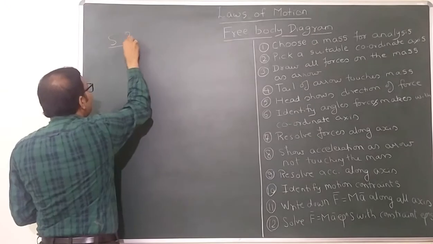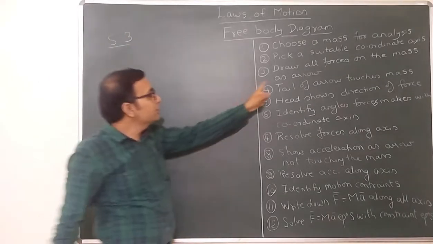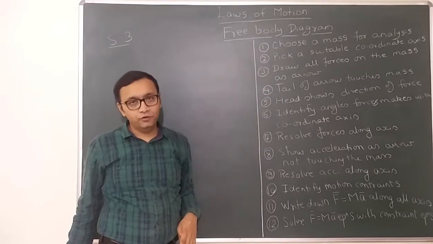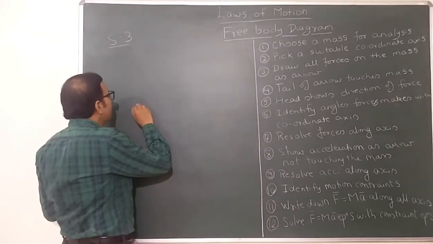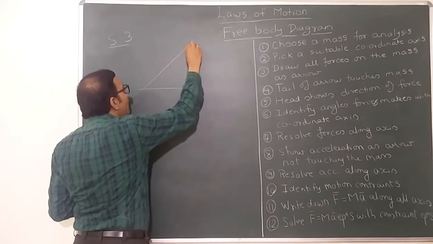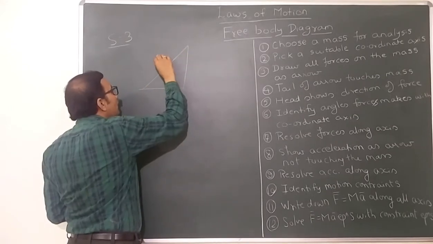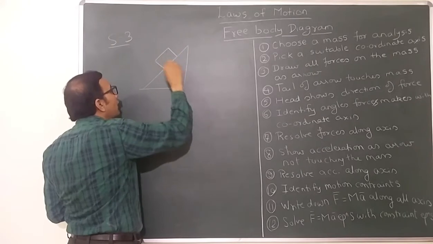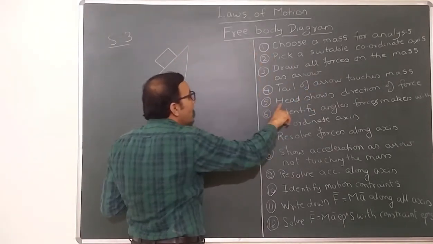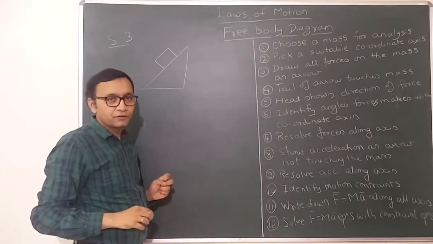So step number 3. Step number 3 says draw all the forces on the mass as arrows, like the one which we have just drawn. The tail of the arrow touches the mass and the head shows the direction of force.